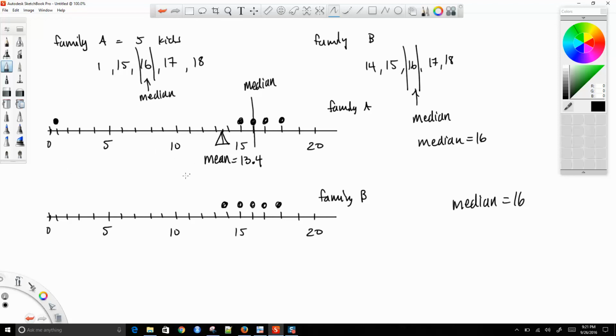okay? Because we got one value way down here, okay? Where would the seesaw be balanced over here? This seesaw would be balanced at 16, okay? So over here, the mean is equal to 16, okay?